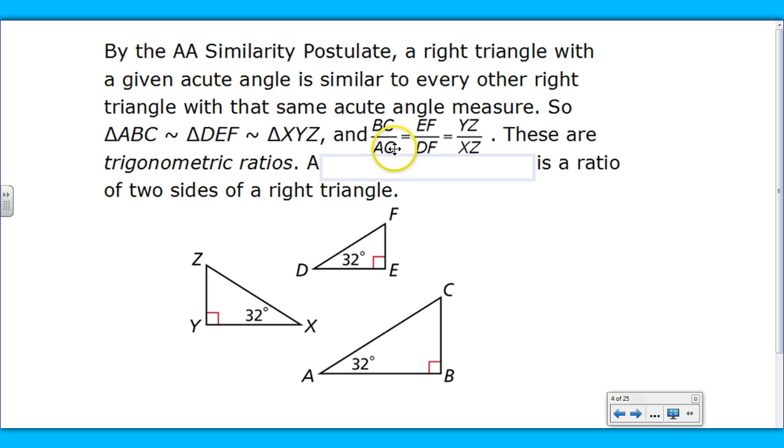And we can form these equal ratios, these proportions, for the corresponding side lengths of these triangles. These are trigonometric ratios. So a trigonometric ratio is a ratio of two sides of a triangle. BC to AC equals EF to DF, which also equals YZ to XZ.